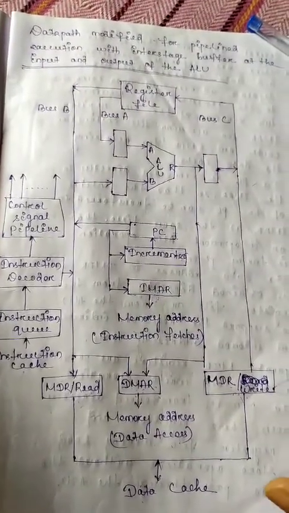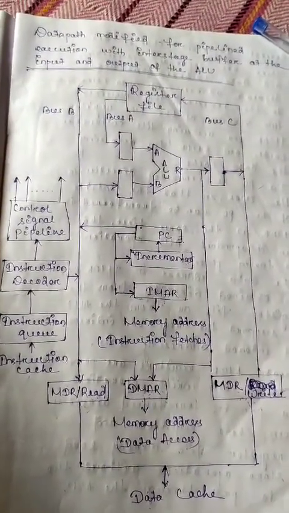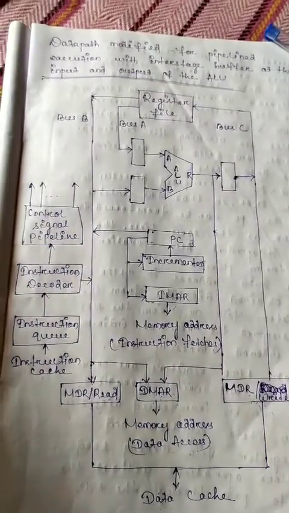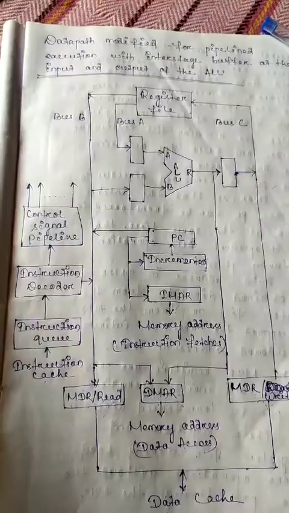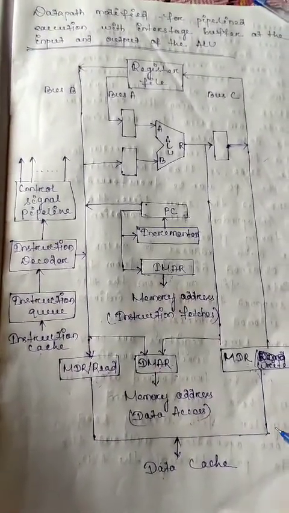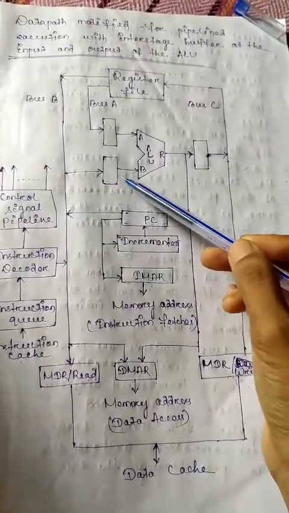It is a modified version of the 3-bus architecture, where we are implementing some new features and new concepts. The fifth one is that there are some buffer registers.